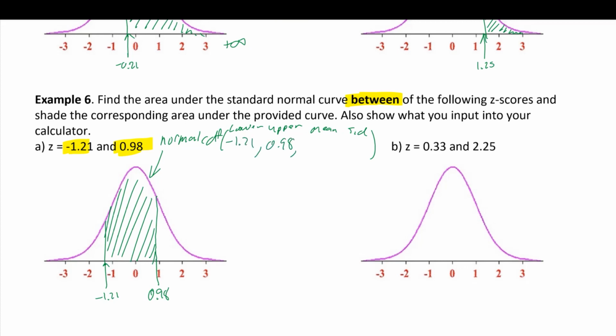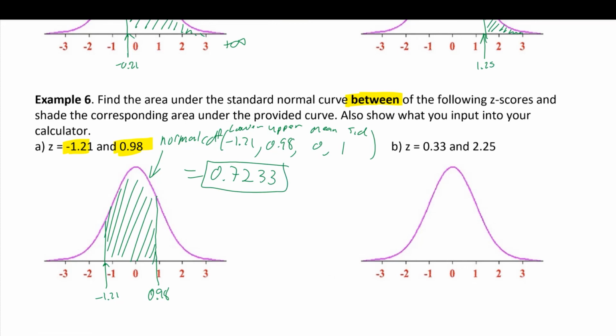You notice we didn't have to use E99 at all because we're not going to negative or positive infinity. The mean is 0, standard deviation is 1. Again, if you run that through your calculator, it's kind of hard to tell. Use some intuition to see if it's more than 50% or not. But this turns out to be 0.7233.